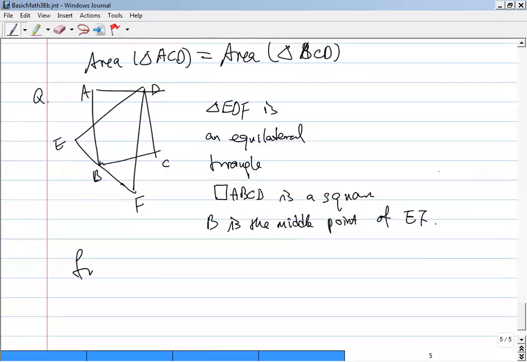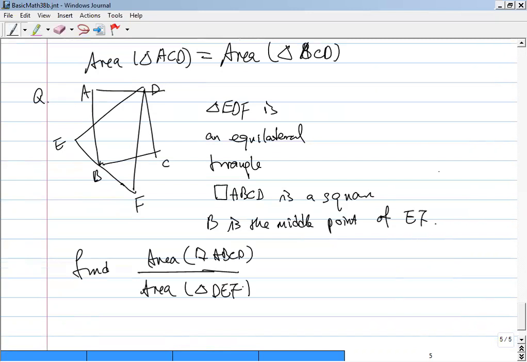Find the ratio of the area of the square ABCD to the area of the equilateral triangle DEF. The exact size is not given, but they change proportionally. So please spend a minute to work on that.